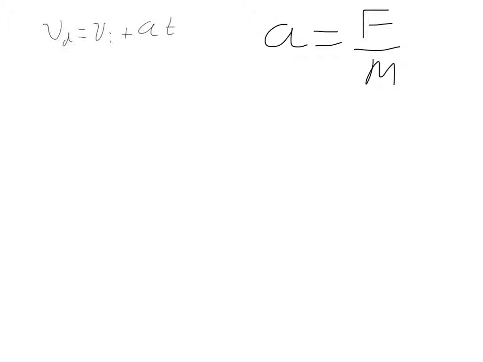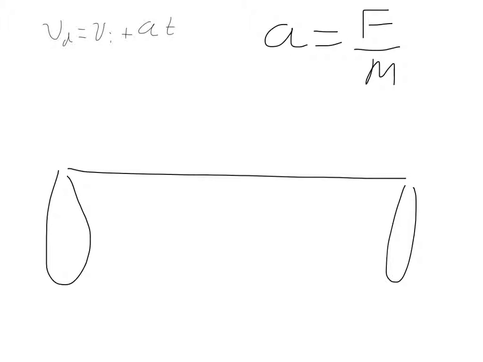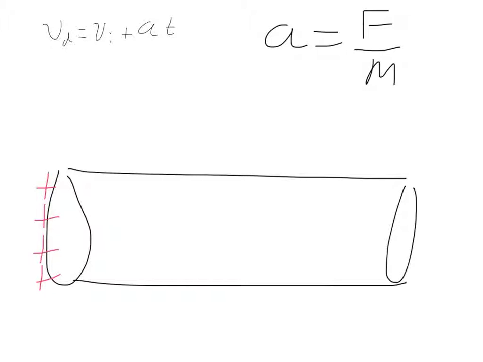So, here is my wire again. Boom. Here it is. And on one side of the wire, I am going to accumulate positive charges. Those positive charges are going to create an electric field that points in this direction.